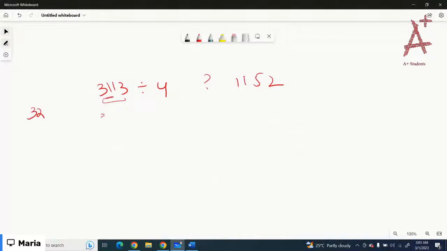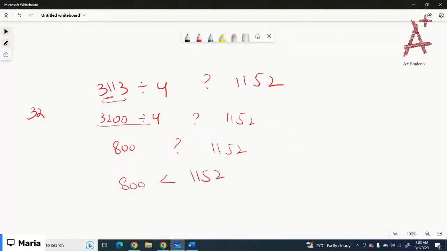Got it? That means you can estimate it to 3200 divided by 4. 3200 divided by 4 is 800, since 4 times 8 is 32. And then you have to compare it to 1152. So is 800 greater than 1152 or less than 1152? 800 is less than 1152.